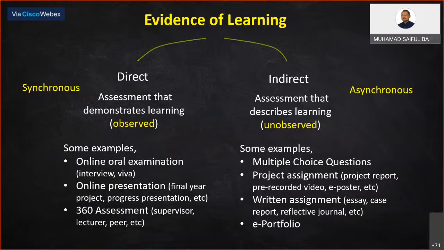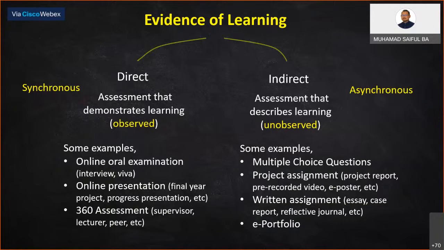It means the student has to perform in front of us, and we observe and make a judgment on the competency. But indirect is assessment that describes learning, and it is unsupervised and unobserved.